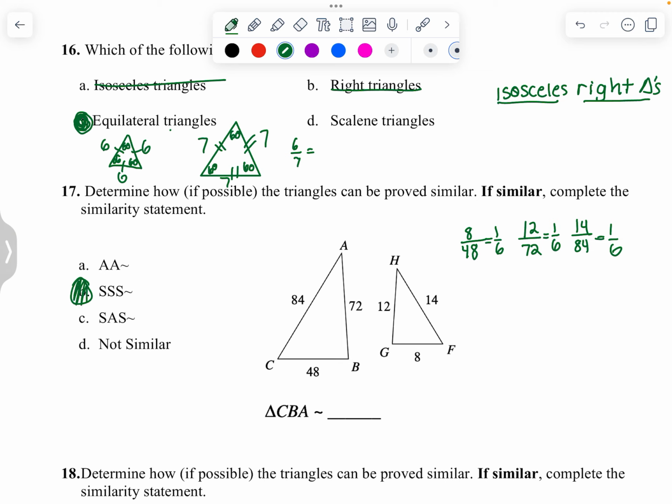So if we finish the similarity statement, triangle CBA is similar to triangle, well, C is the vertex between the longest side and the shortest side.